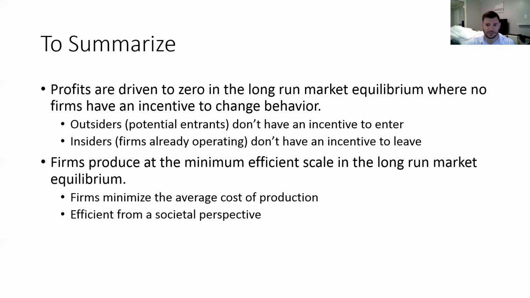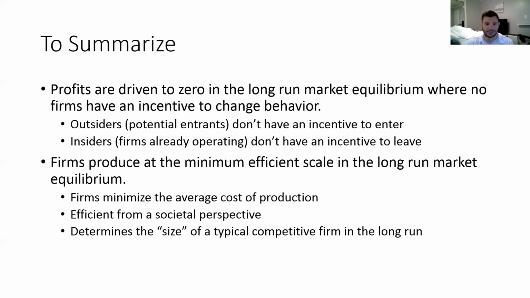This is efficient from a societal standpoint. And we argued that the minimum efficient scale of production in some sense can be thought of as determining the optimal size of a firm in the long run equilibrium, from the perspective of the scale of production defining the size of the firm here.